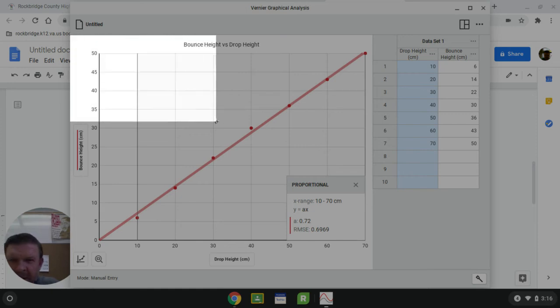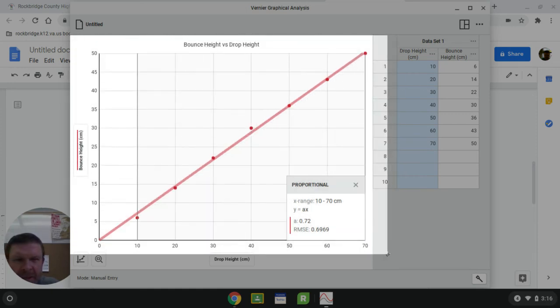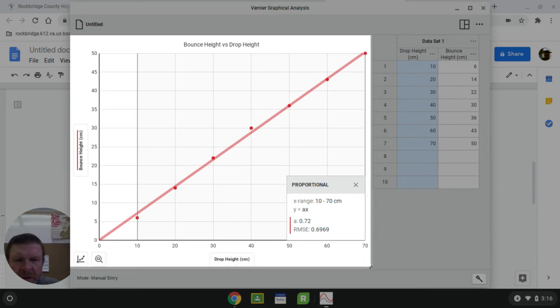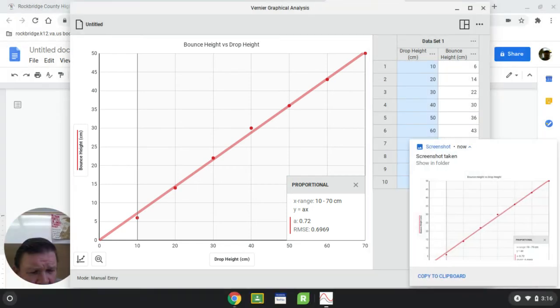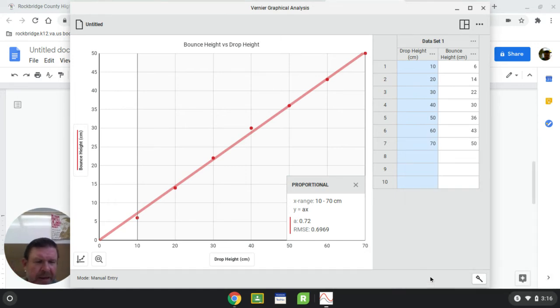Then I'm going to go up to the top corner here, and I'm going to click and hold down the pad and drag over my graph. Make sure you include all the important bits. Don't cut off drop height, for example. All right.